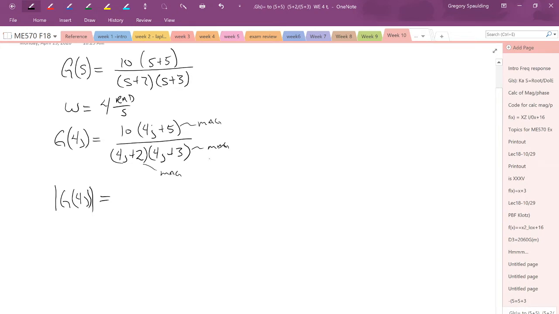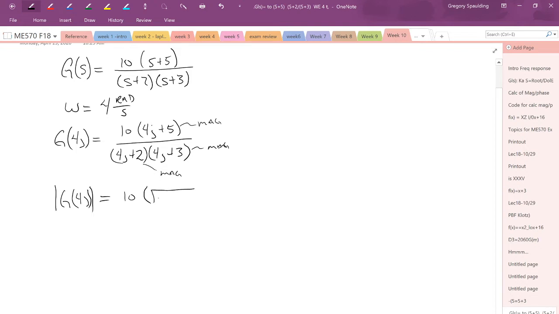And for the magnitude, we're just going to use the Pythagorean theorem. So we end up with 10, and the Pythagorean theorem gives our complex part squared plus our real part squared, sum of those, and square root.